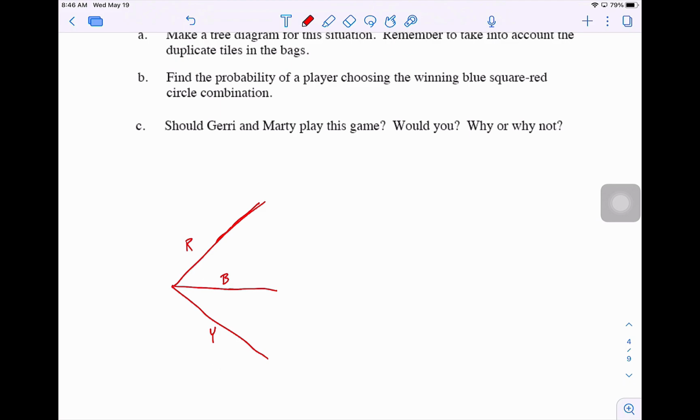All right. So here's basically bag number 1. I'm going to label that stage, if you will. There's bag number 1. Now he's going to reach into the other bag.